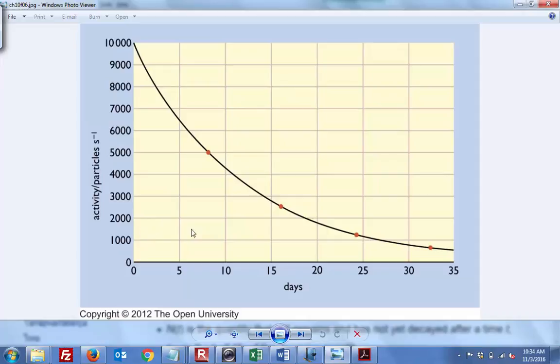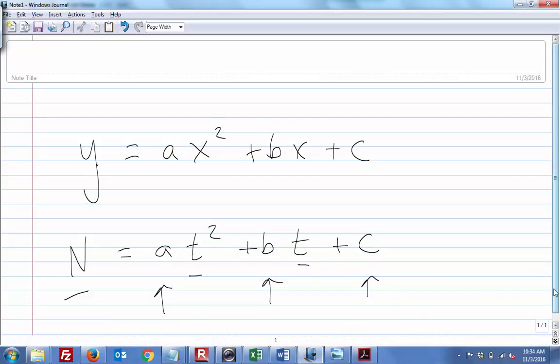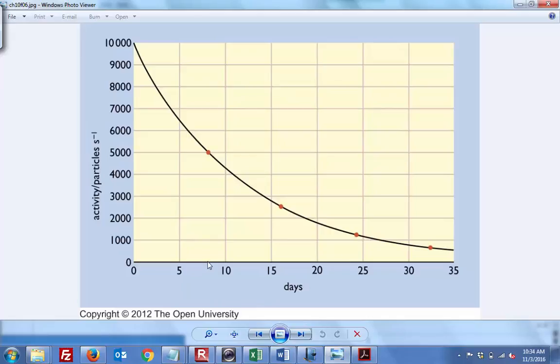Excuse me. So the math goes like this, this particular example. Time goes 0, 8, 16, 24, 32. It doesn't really look like 32, but it is.